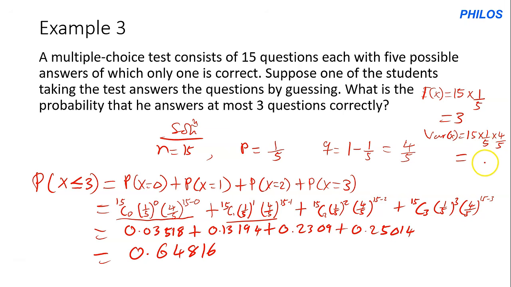When you simplify this, you get 2.4. The standard deviation is the square root of the variance, so the square root of 2.4 gives you 1.5492. The answer to this question, at most 3 questions, is 0.64816.